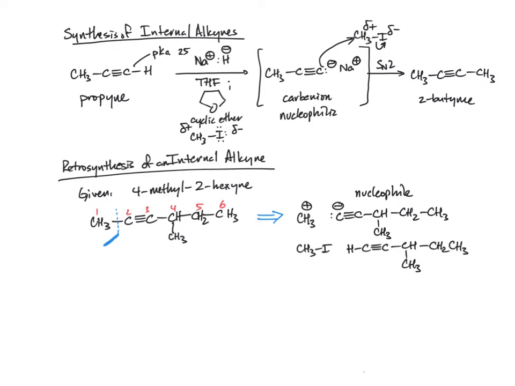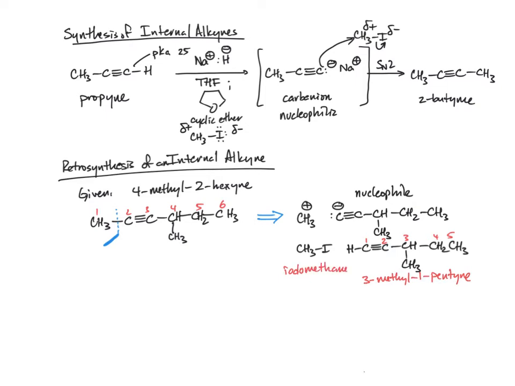In this case, let's put the numbers in there so we can name this correctly. 1, 2, 3, 4, 5. This would be 3-methyl-1-pentyne and iodomethane.